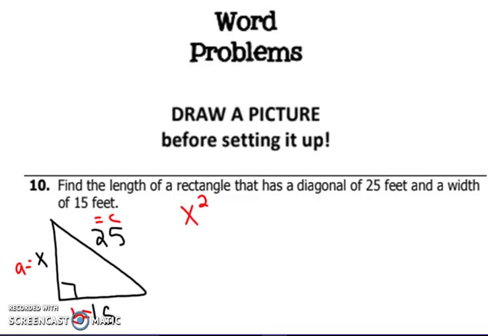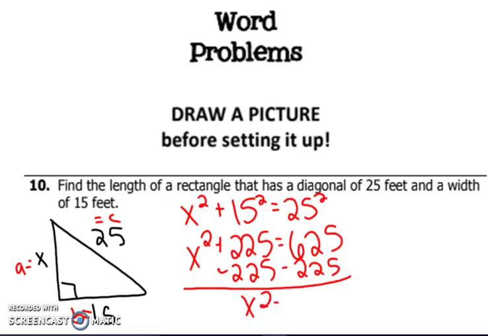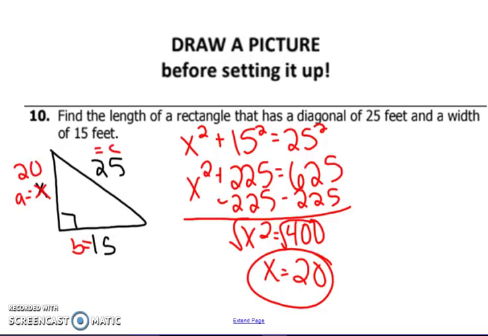And we can use Pythagorean theorem. Our final step, taking our square root, gives me x is equal to 20. So that tells me my missing side over here is equal to 20.